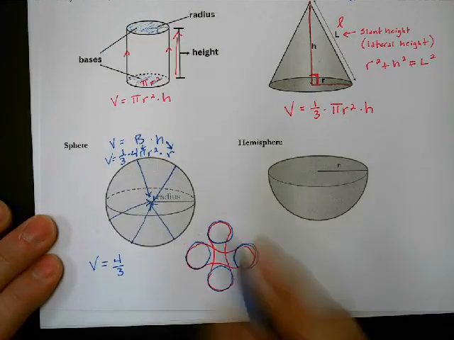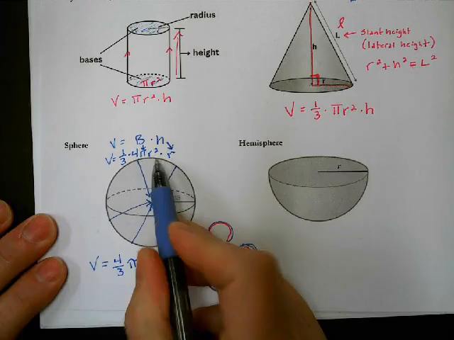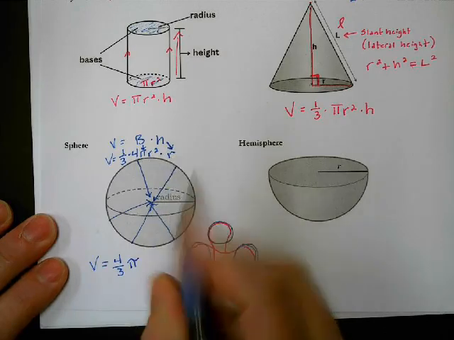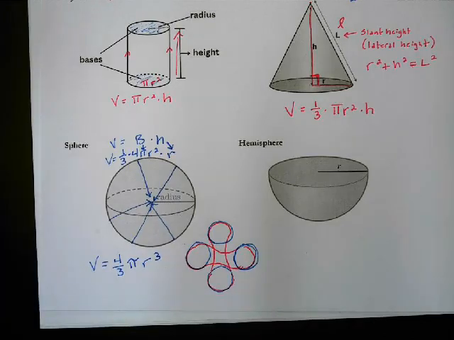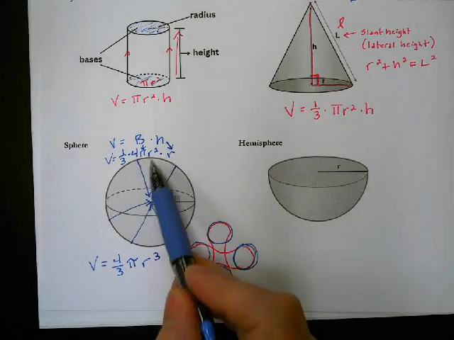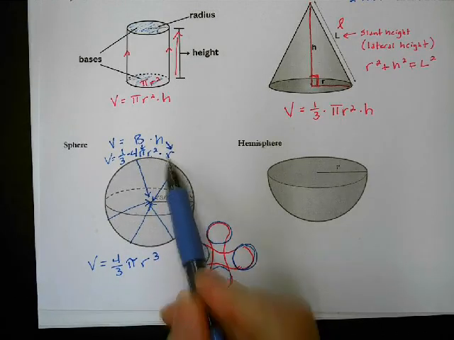And then r squared times r is r to the third. There's the formula for a sphere. 4/3 pi r cubed. Not squared, cubed. Because we've got the r squared from the base area, and r is also the height. So our formula for a sphere would be 4/3 pi r cubed.